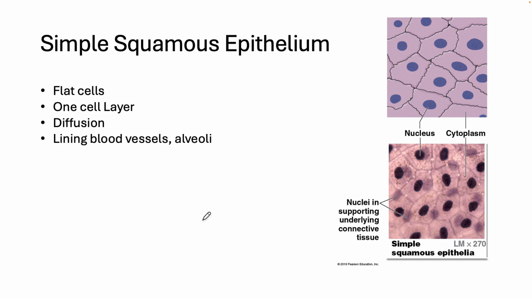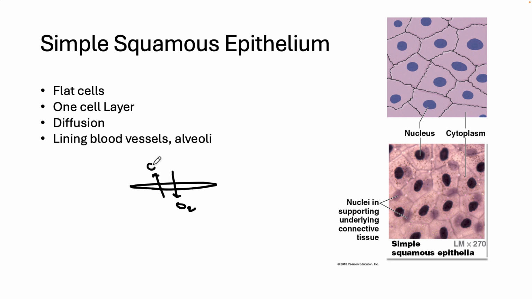Squamous means super flat cells, so the cells look kind of like this at the apical surface. Because they're so thin, it's so easy for things to diffuse right through them, like oxygen or CO2.